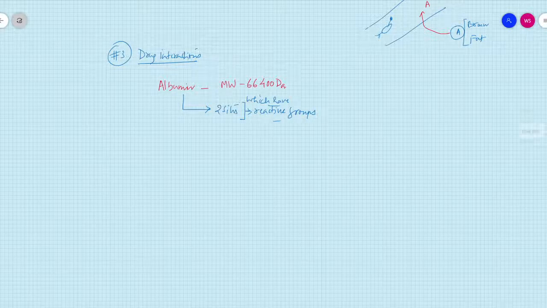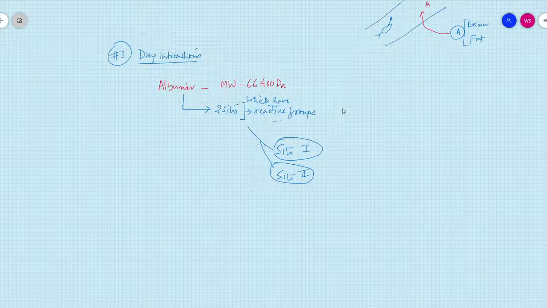And what are the sites named? They are named site 1 and site 2. Okay, so albumin has got two sites where it can bind drugs.